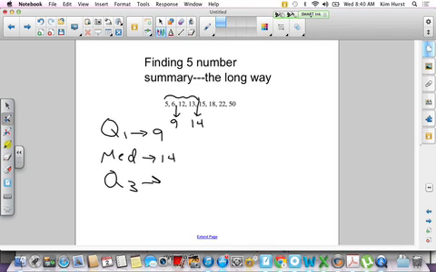And Q3. And again, I do the same thing. I go right in the middle of my upper data, so between 18 and 22. Add those together, divide by 2, and I get 20. And those are really, I mean, the minimum, obviously, you can see is 5, and the maximum is 50. So that is finding it the long way.